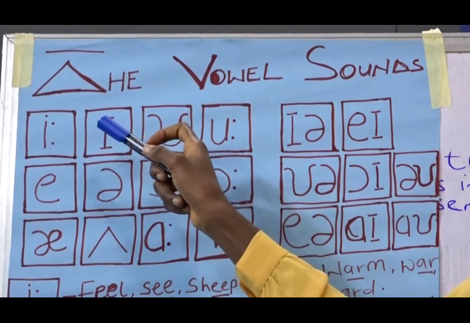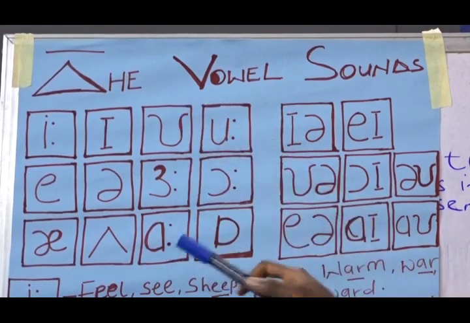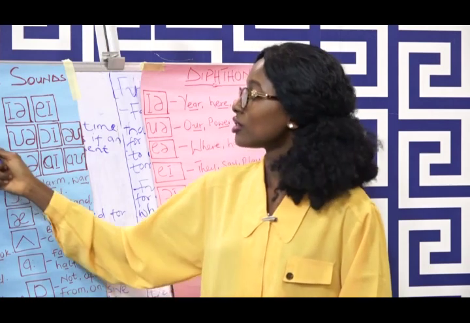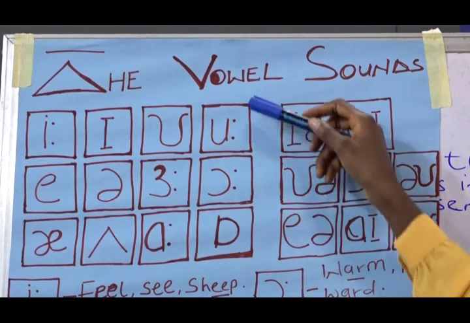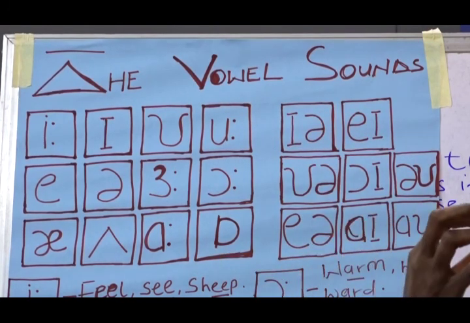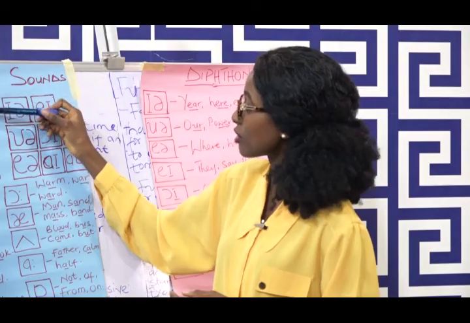E. And then for the sounds in the third column, you have U. Yes, your tongue is farther back. And then by the time you get to these sounds here, your tongue is at the back of your throat. It's farthest down your throat.